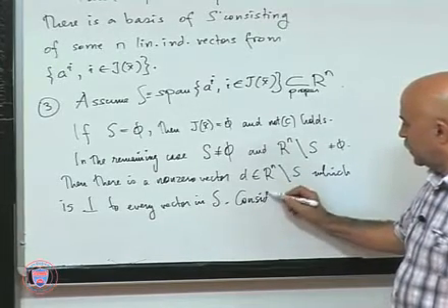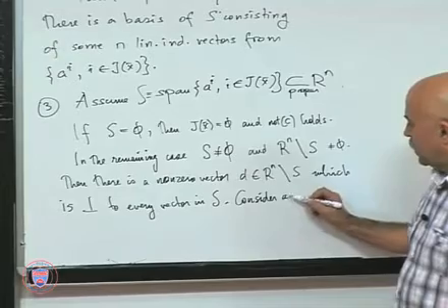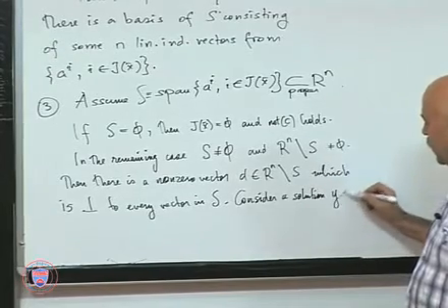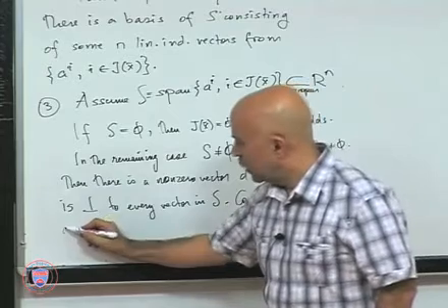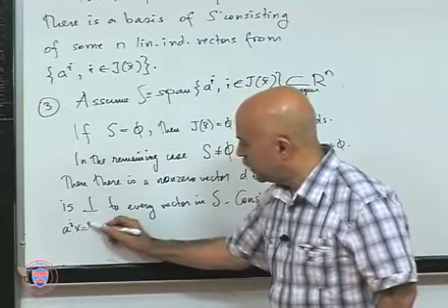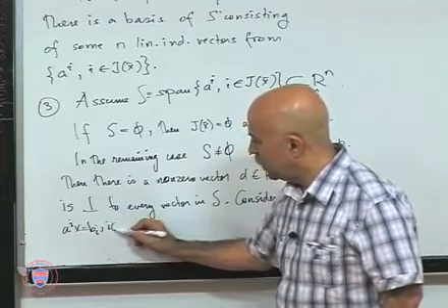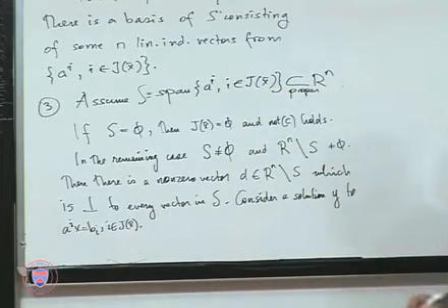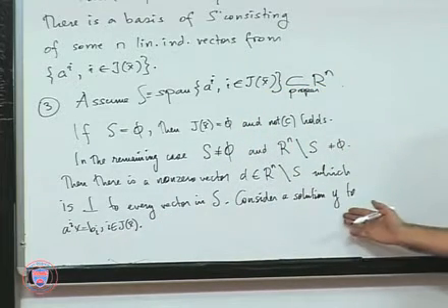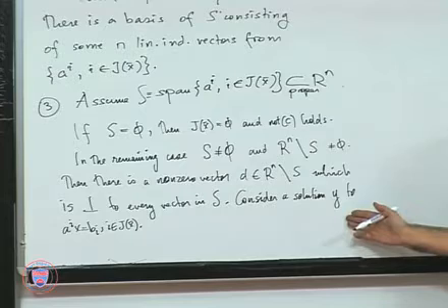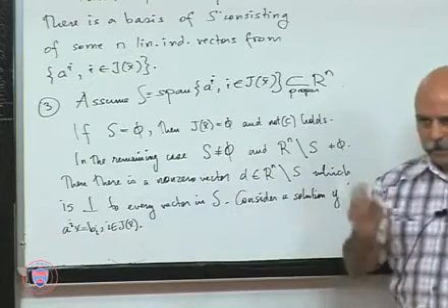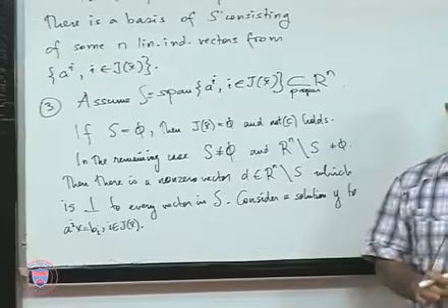Consider a solution y to ai x equals bi with I in Jx bar. Is there a solution for sure? X bar is a solution to this. So a solution obviously exists.